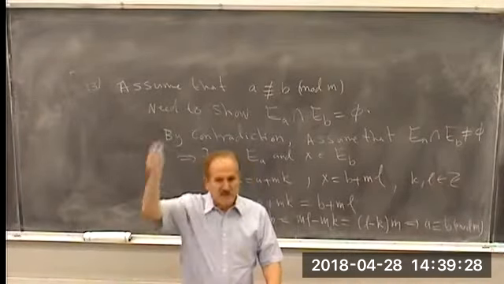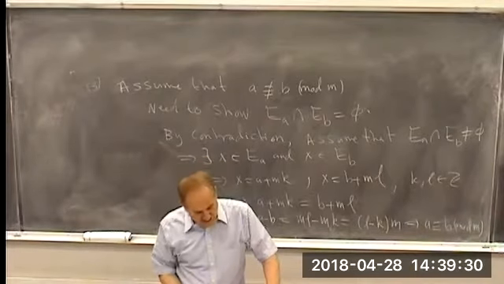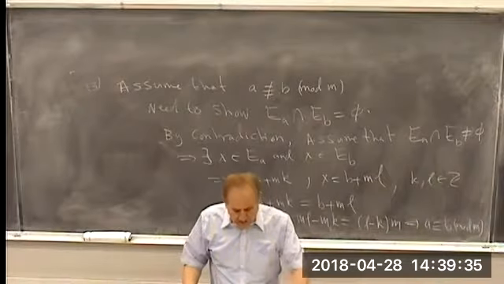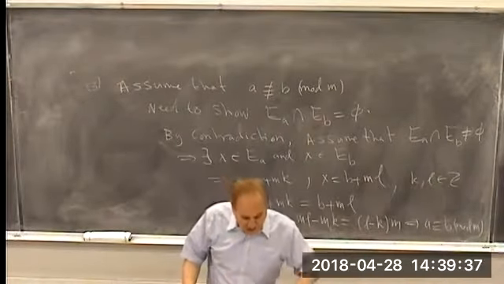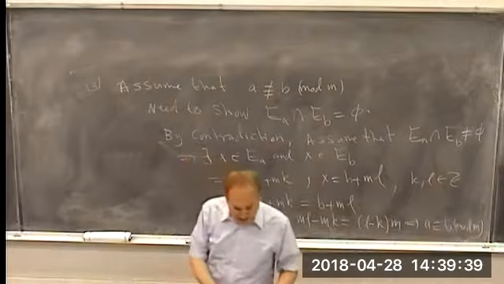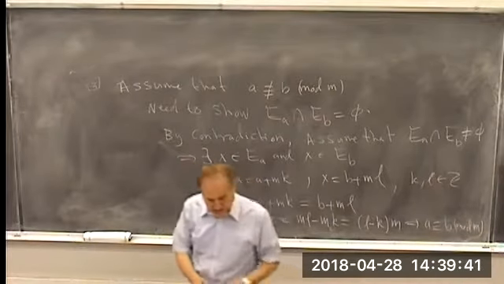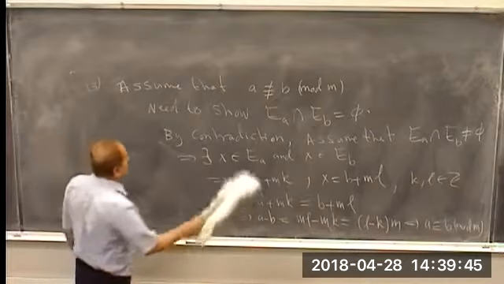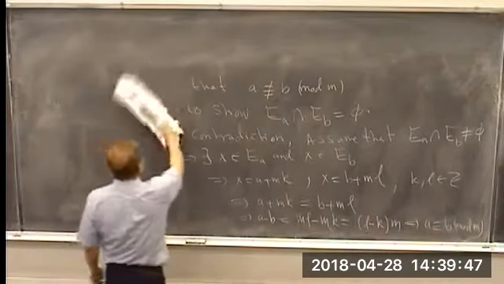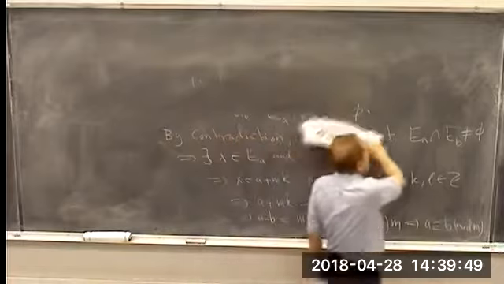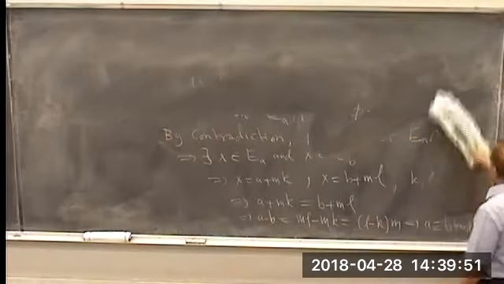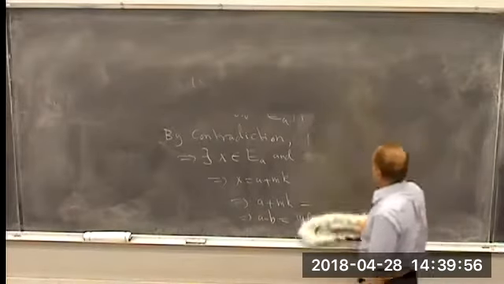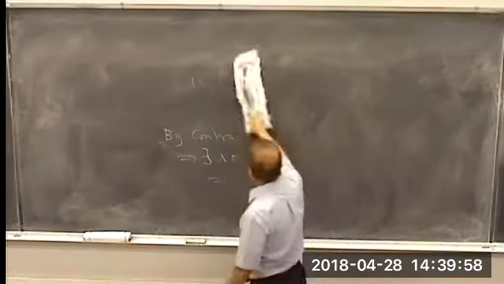So really we're taking the union over all of Z. Now, in particular, since we know that two congruence classes are equal to each other if and only if a is congruent to b, then we have one special residue class.